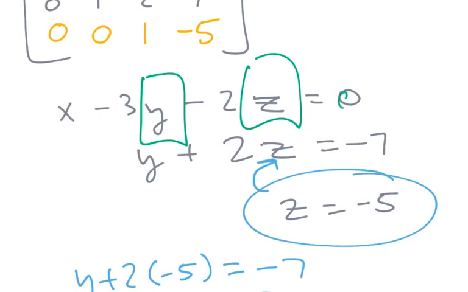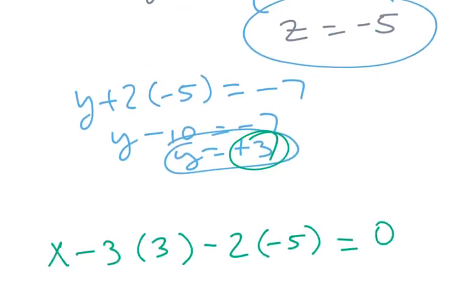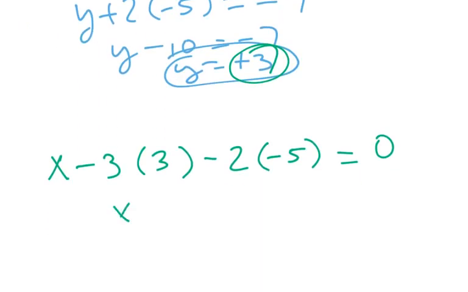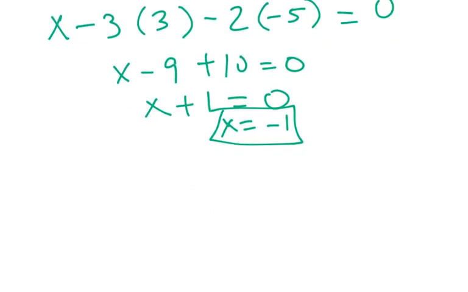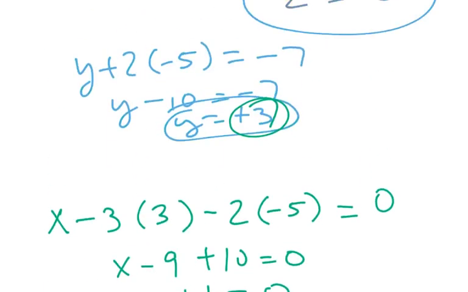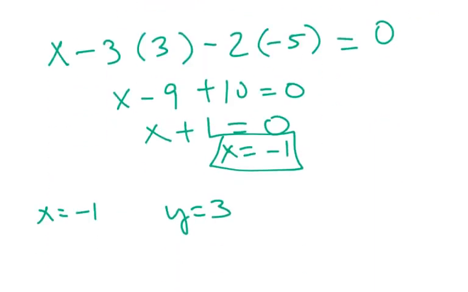What's the last equation equal to? 0. Okay, so x minus 9 plus 10 equals 0. So x plus 1 equals 0. So x is negative 1. So we now know x is negative 1, y is 3, z is negative 5.